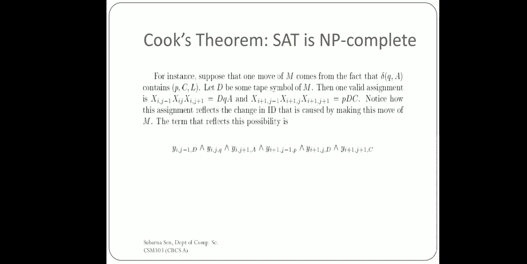And if the newly generated symbols are pdc, we can represent it with this value. Just see, we have replaced the tape symbols at one place with d, and for the middle one it is not a tape symbol but a state, so we have written q, and the rest works similarly.